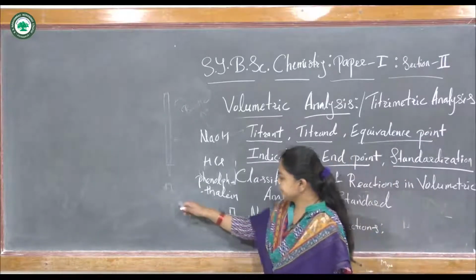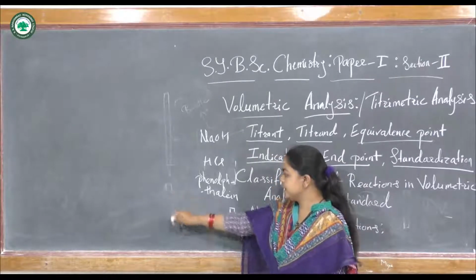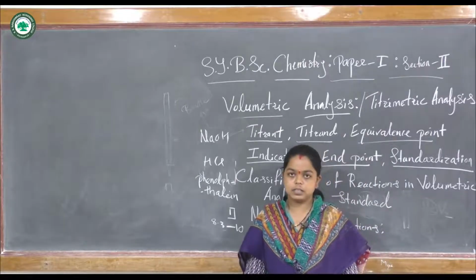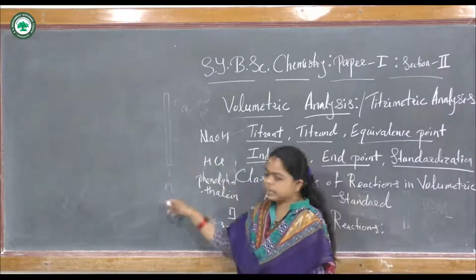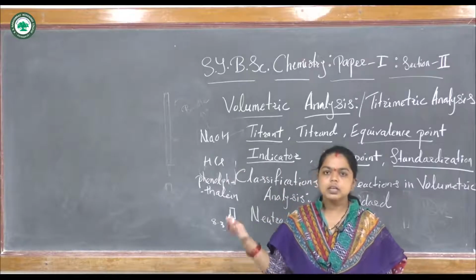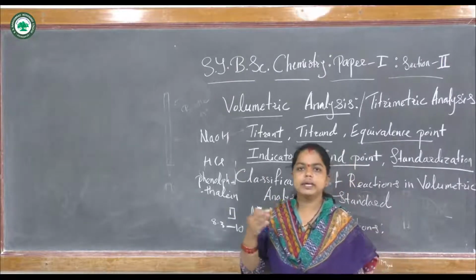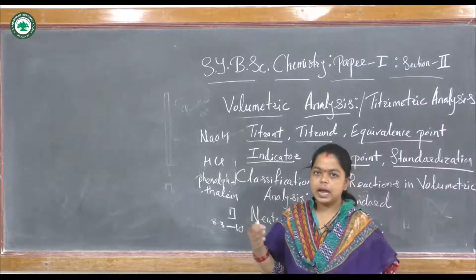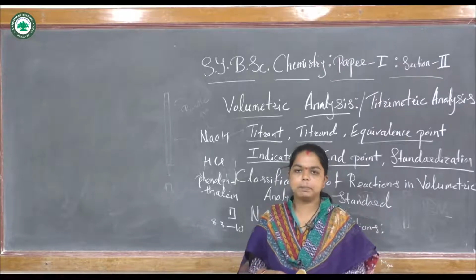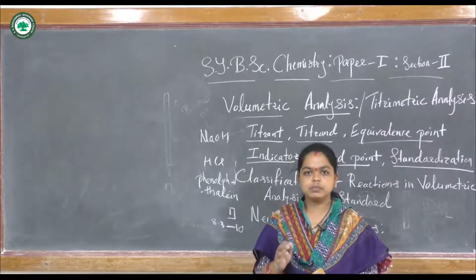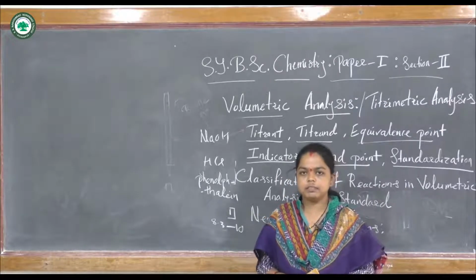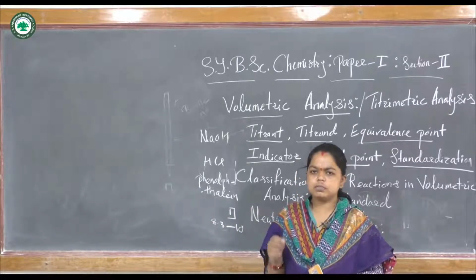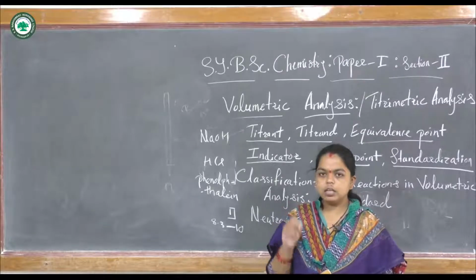So when this indicator is added to the acid, it shows colorless. But when we slowly add the NaOH from the burette, what happens? The concentration of the base goes on increasing and the acid is slowly neutralized, and at the equivalence point neutral pH arises. So the pH becomes 7 at the end point or the equivalence point, and after that point, addition of a very small quantity of NaOH generates an alkaline solution.